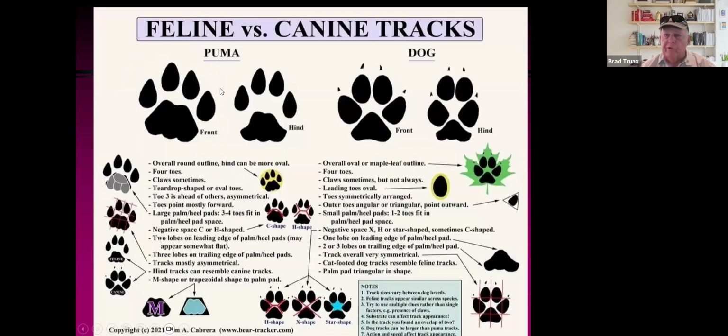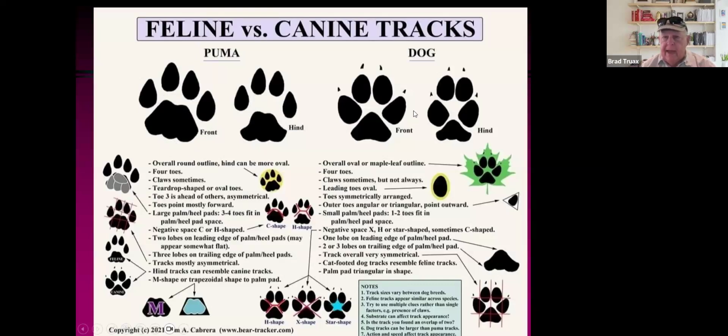Remember, claws are usually retractable in felines, and when they're walking, those claws usually are retracted. So again, typically no claws are seen. On the heel pad, we see 3 lobes right here, and on the front of the heel pad, 2 lobes. And then when we look at the pattern in between the heel pad and the toes, it either looks like a C shape, or it looks somewhat like an H.